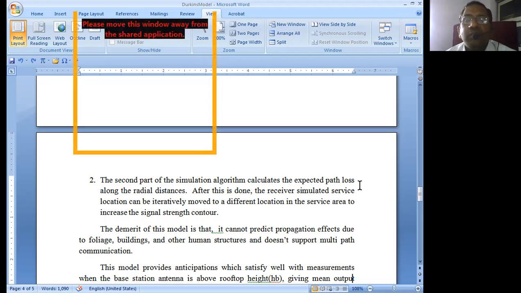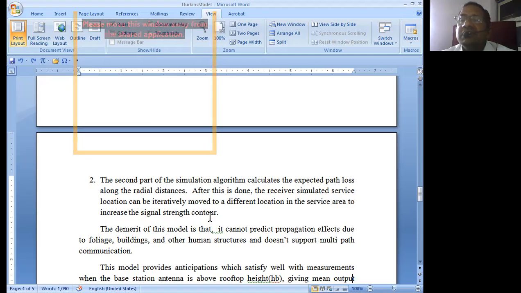The receiver service locations can be iteratively moved to a different location in the service area to increase the signal strength. So with the same procedure, the calculation of expected path loss between the transmitter and receiver over radial distances will be calculated continuously, and the receiver is going to change its location iteratively, moving to different locations in the given service area to increase the signal strength.